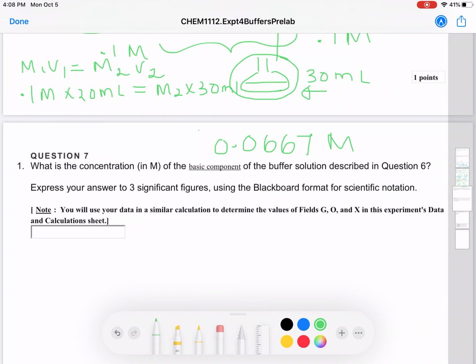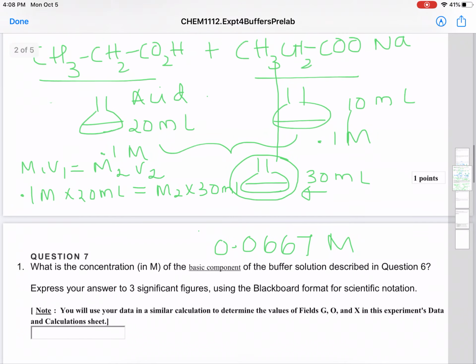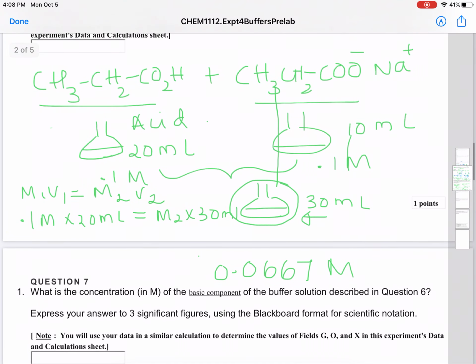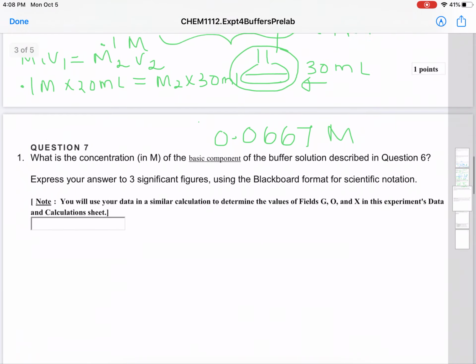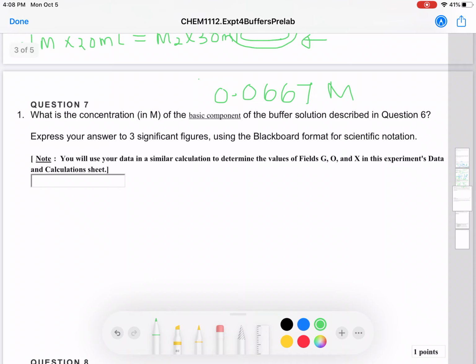Now for the basic component, you can also use M1V1 equals M2V2. You can see you use 10 milliliters of 0.1 molar base. Now it is in 30 milliliters. So you can do the same thing, M1V1 equals M2V2, and then calculate the concentration: 0.1 times 10 milliliters equals M2 times 30 milliliters.